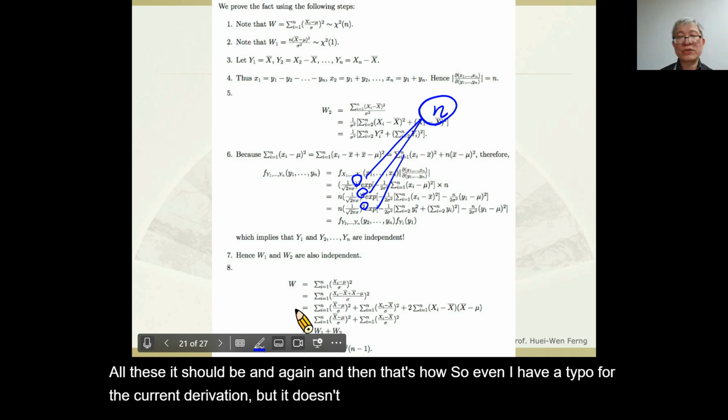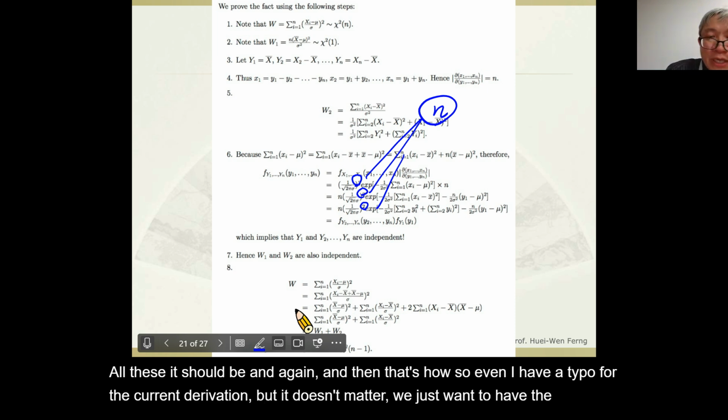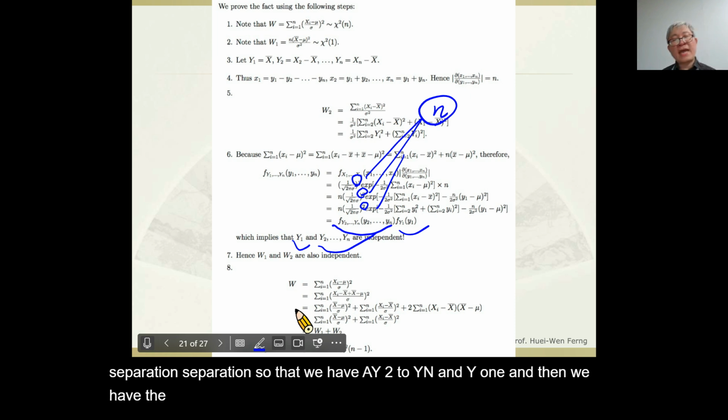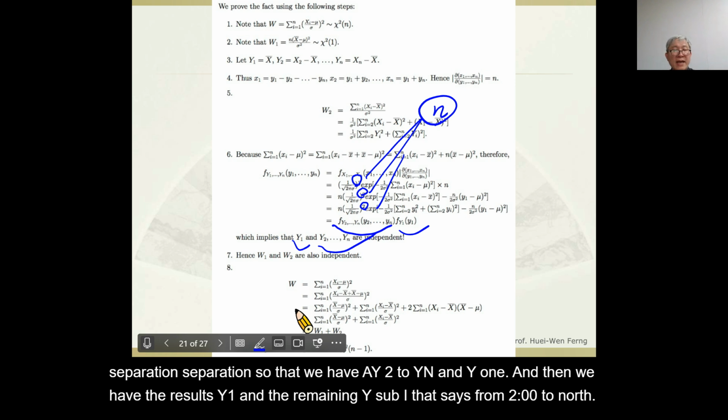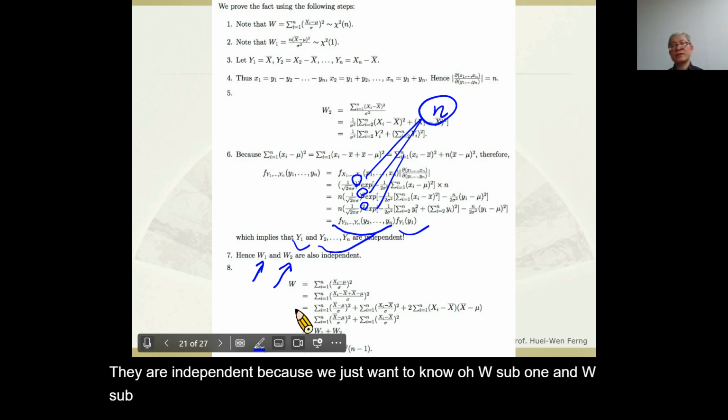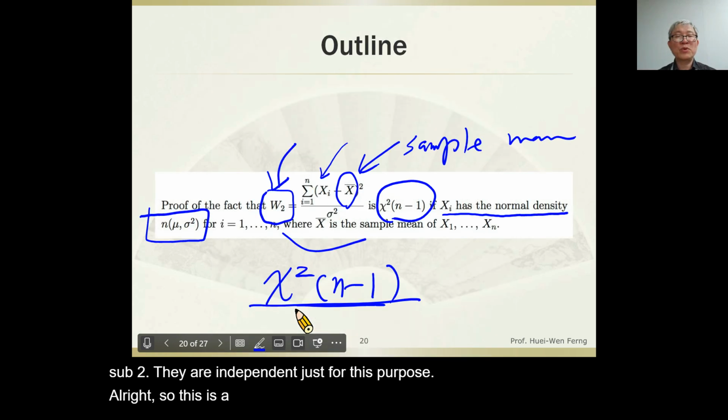We just want to have the separation so that we have y2 to yn and y1, and then we have the result that y1 and the remaining y sub i, from 2 to n, are independent, because we just want to know that W sub 1 and W sub 2 are independent, just for this purpose. So this is the step to prove the results.